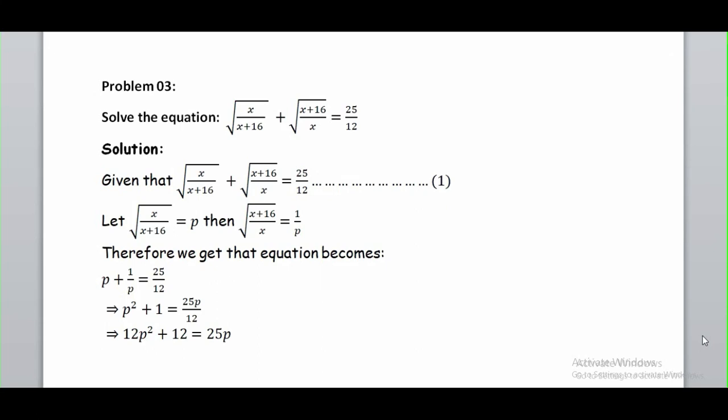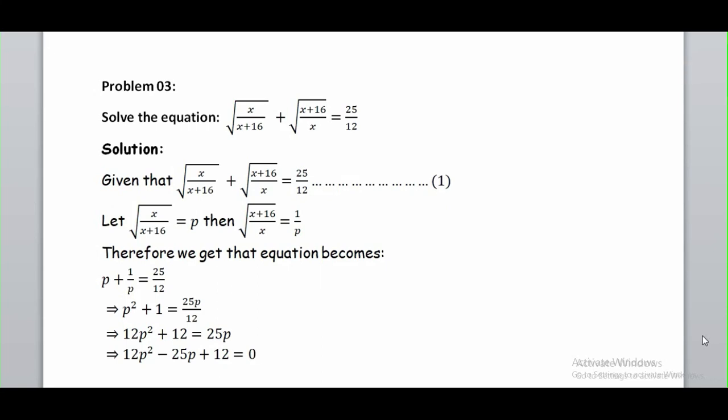Here we have multiplied both sides with 12. Now taking all the terms at the left side, we will get 12 p square minus 25 p plus 12. Now we can see that this is a quadratic equation of one variable, so we can use middle term or we can use the general formula, whatever you like you can use here.